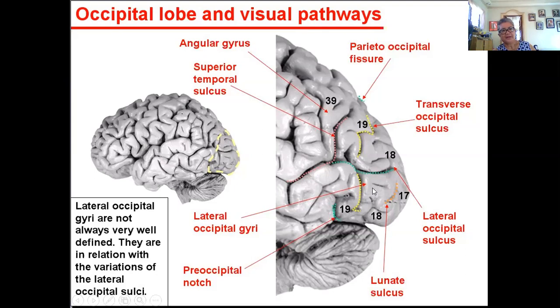So you have your lateral occipital gyri, your transverse occipital sulcus, and here you will have your lateral occipital sulcus. So basically this one is your parieto-occipital fissure, and this will be your calcarine fissure. You will have here the occipital lobe.